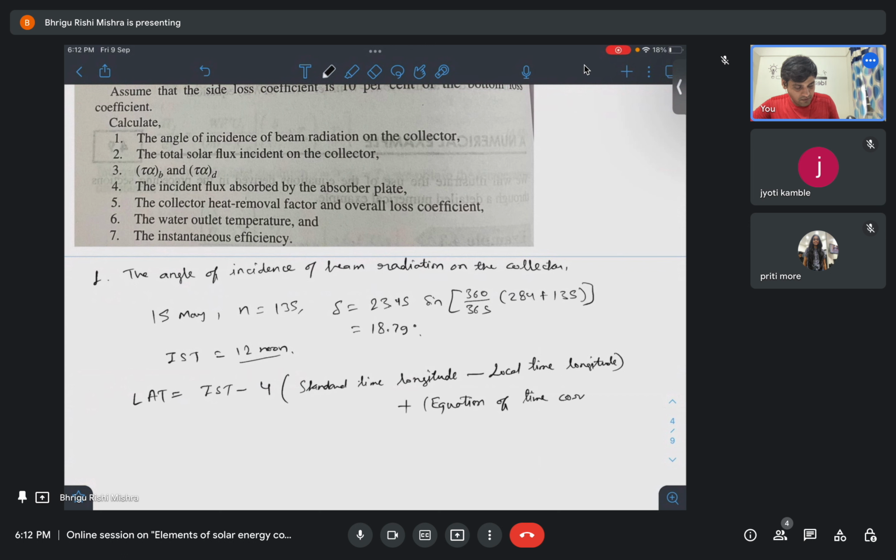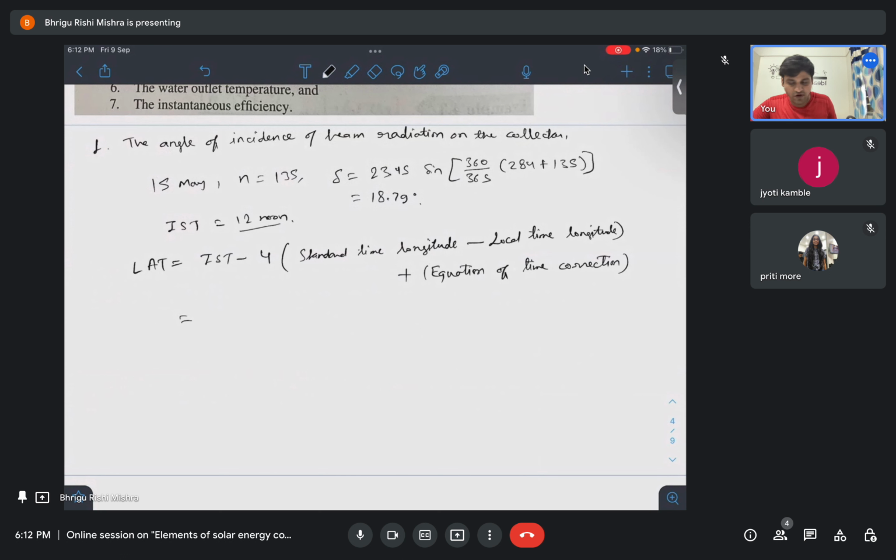There is a formula given to calculate the equation of time correction. I have already calculated it, so I am not writing the formula again. You can check the book or the previous lecture.